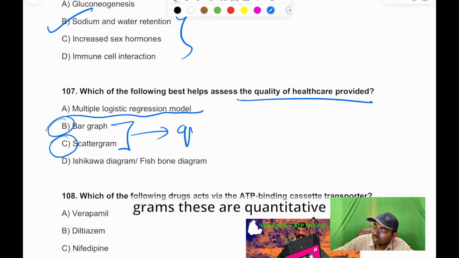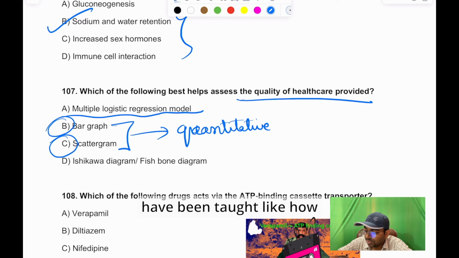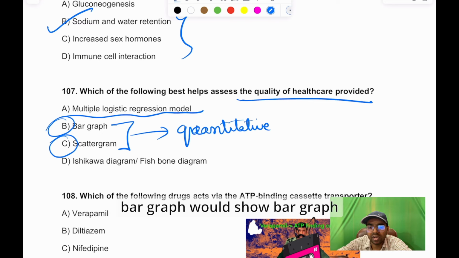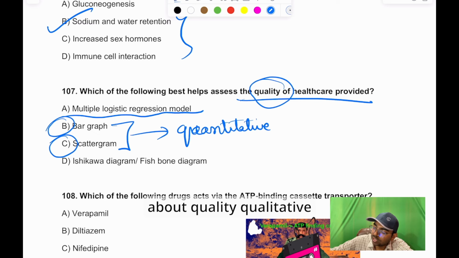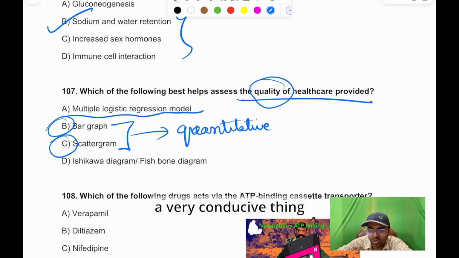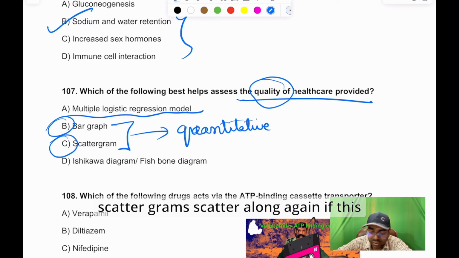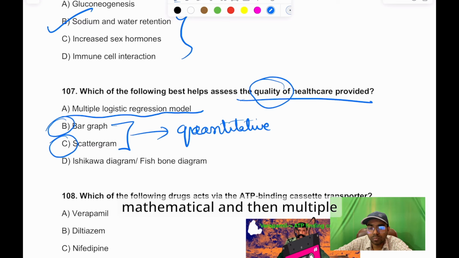These are quantitative things. Since class 10th we have been taught how a bar graph would show. A bar graph is essentially a quantitative instrument, and here we are talking about a qualitative thing. So definitely a bar graph will not be very conducive. Then we move on to scattergram, again related to mathematics.